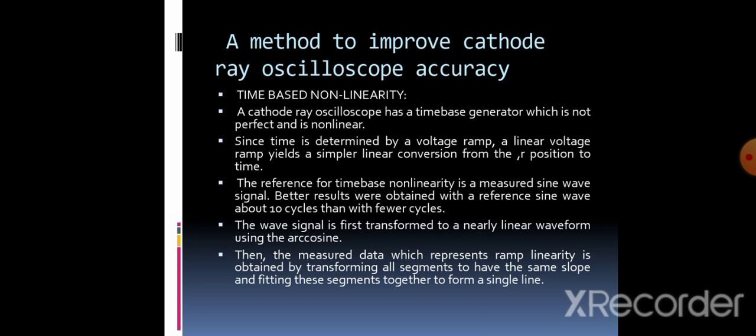The sine wave signal is first transformed to a nearly linear waveform using the arccosine, and then the measured data which represent the ramp linearity is obtained by transforming all segments to have the same slope, or fitting the segments together to form a single line.